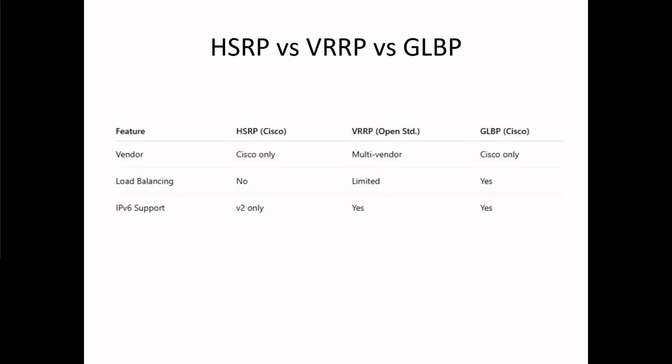Load balancing is limited in HSRP and VRRP, and in GLBP, Gateway Load Balancing Protocol, it is there. IP version 6 is supported in HSRP version 2 only, and VRRP and GLBP both support IP version 6.